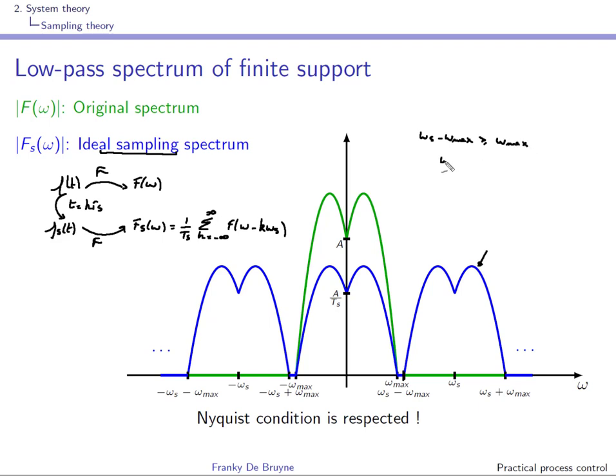If you rewrite this, this leads to omega s, the sampling frequency, being higher than 2 times omega max. Usually this is written differently in terms of the Nyquist frequency, which is half the sampling frequency. So the Nyquist frequency is higher than omega max. You can see here that in this case the Nyquist condition is respected.